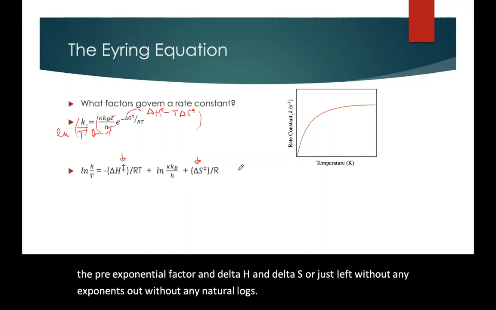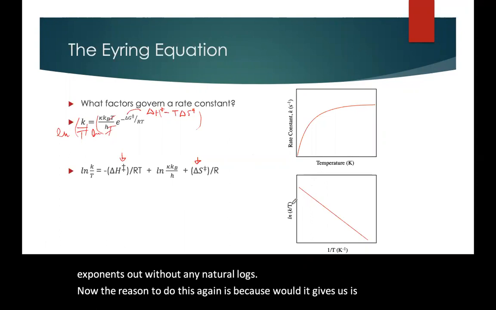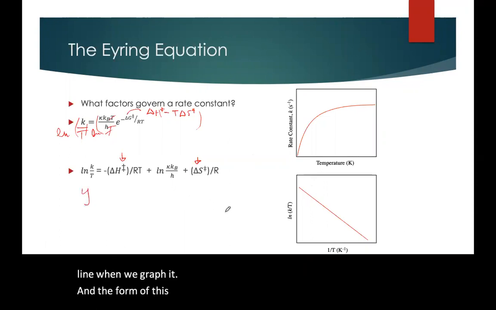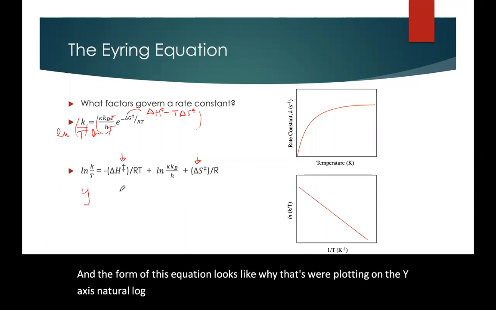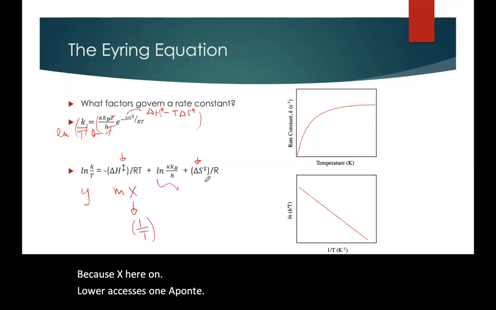Now, the reason to do this again is because what it gives us is a straight line when we graph it. And the form of this equation looks like y, that's what we're plotting on the y-axis, natural log of k upon T, equals mx, because x here on the lower axis is 1 upon T, and then this is plus b.